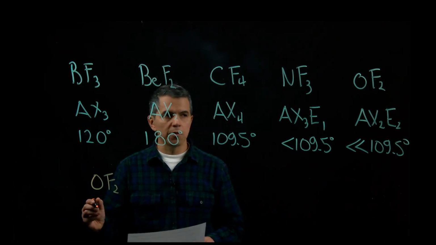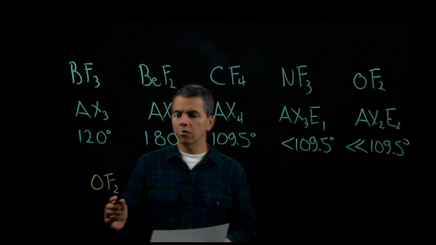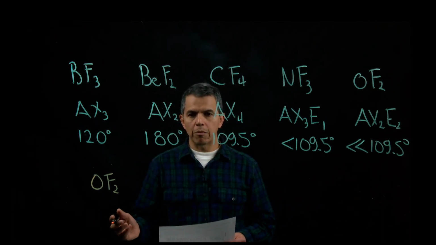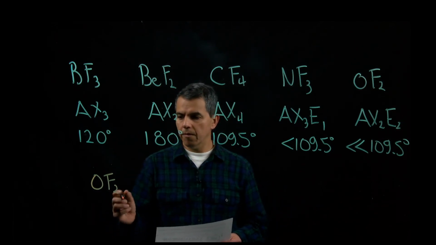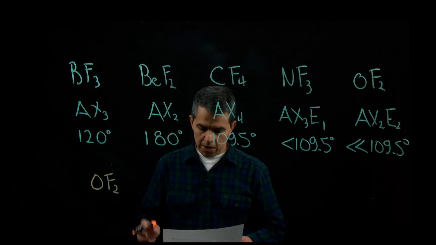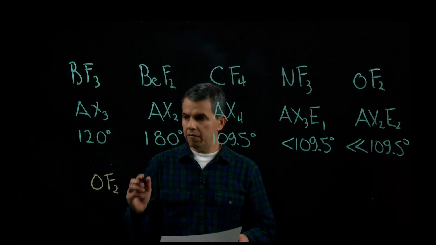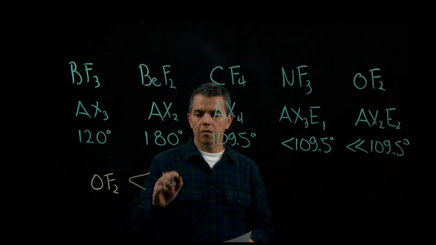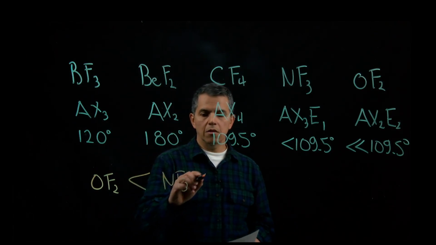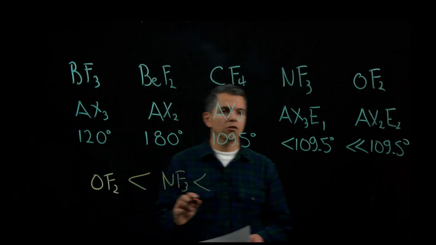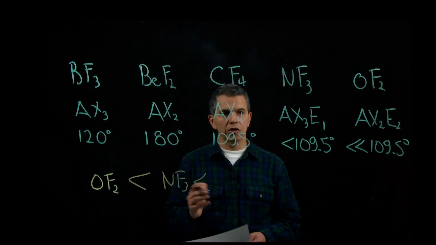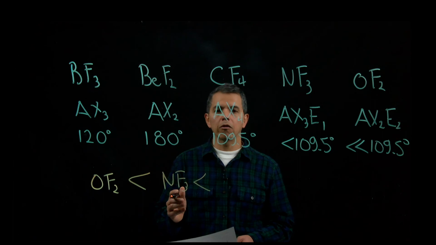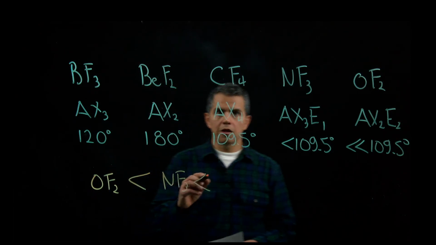The explanation is because it has 2 lone pairs of electrons that cause the maximum repulsion among this set. The next one will be that of NF3. The explanation for that is that it has 1 lone pair of electrons that causes deviation from the ideal angle of 109.5.